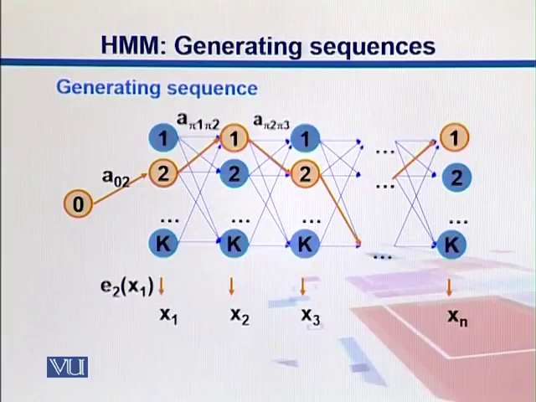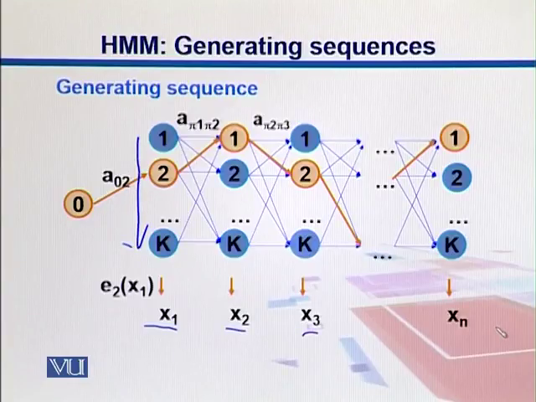We can look at this in the diagram also. We are right now at 0. We are starting here. These are our states 1 through k, and what we are generating here is the sequence of symbols. What we observe is actually those symbols, but they are coming through different states.